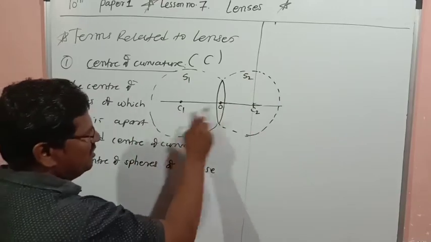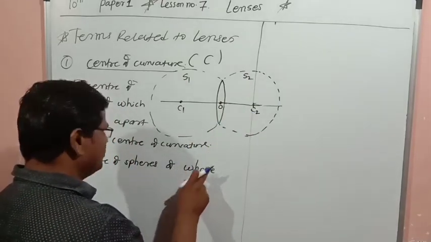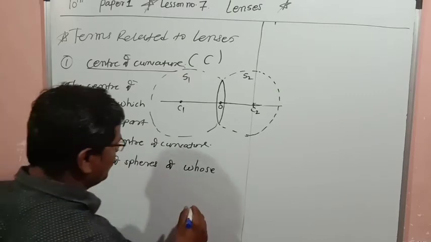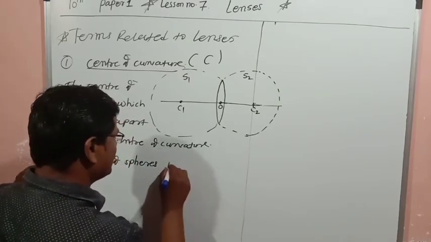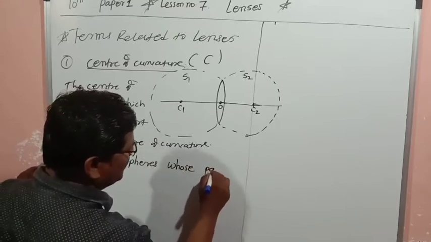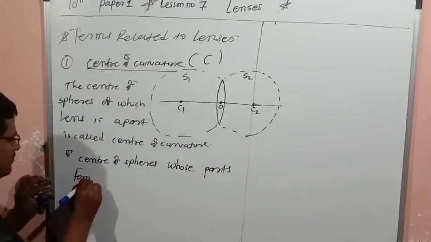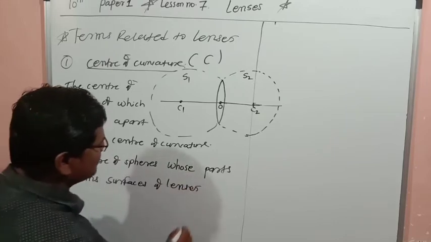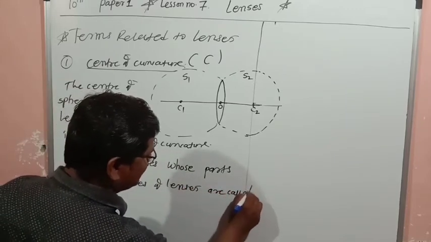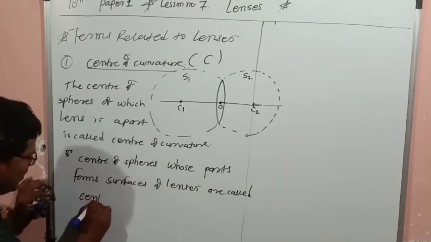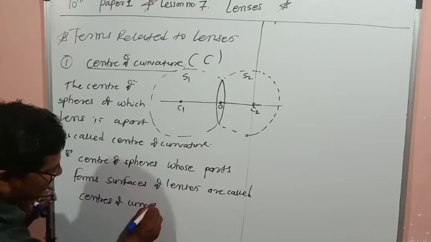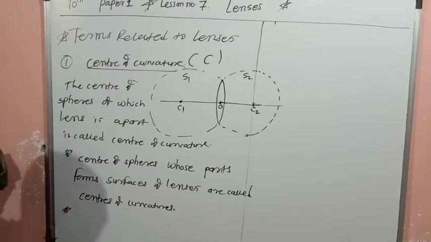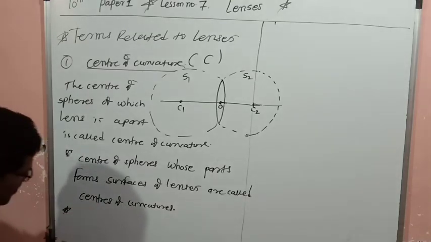So the centers of these spheres whose parts form the surfaces of lenses are called centers of curvature. Another important thing is that each lens has two centers of curvature.